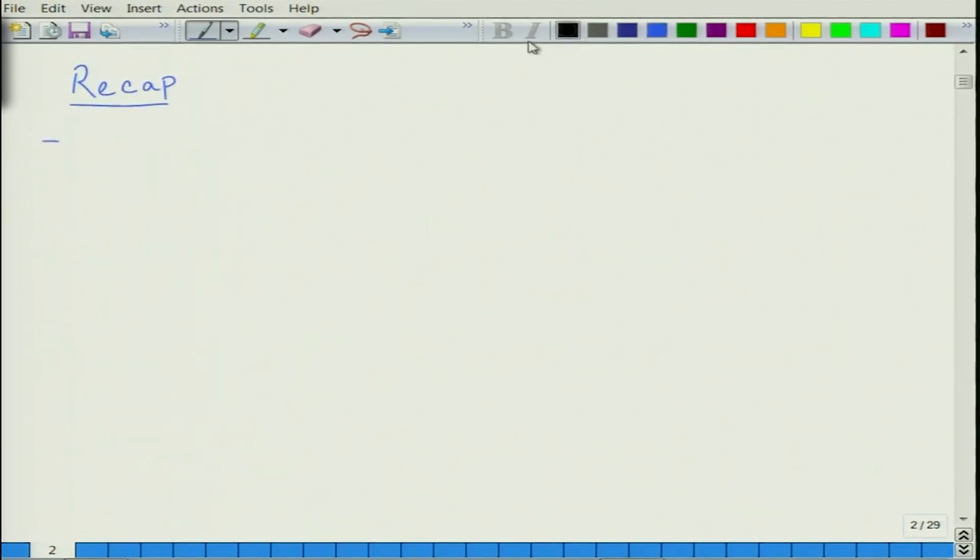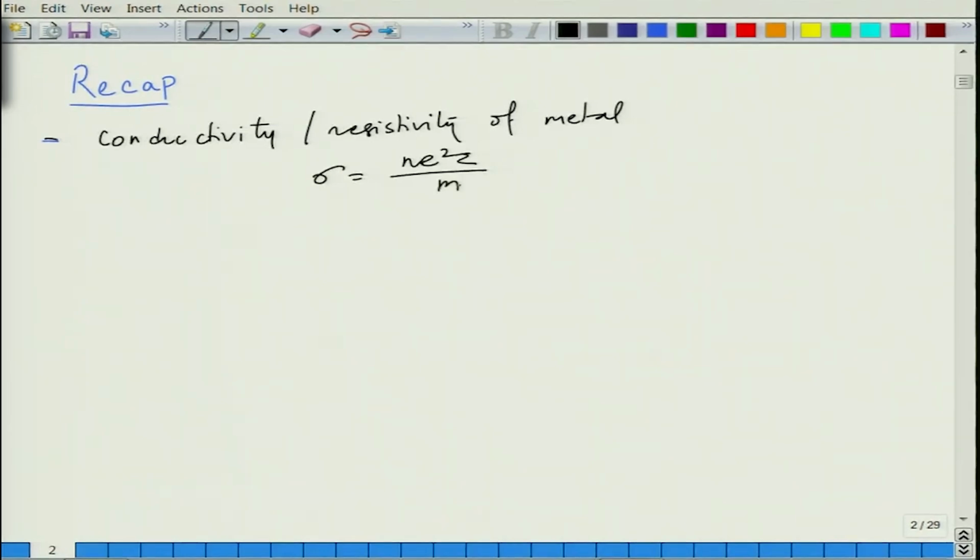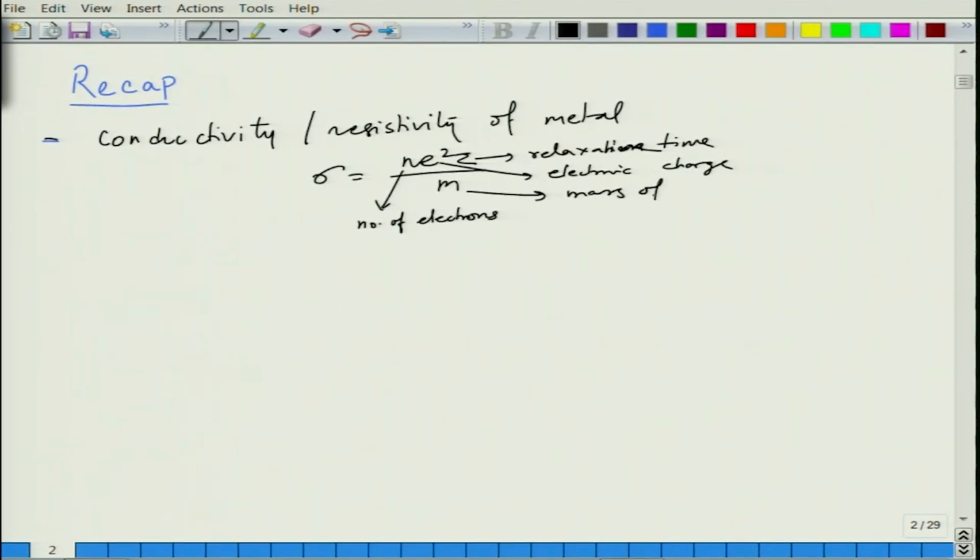So, in the last lecture we talked about conductivity or resistivity of metals, and we said sigma is equal to n e square tau divided by m, where tau is relaxation time, n is the number of conduction electrons, e is electronic charge, and m is basically the mass of the electron.